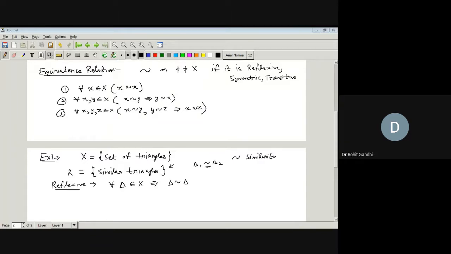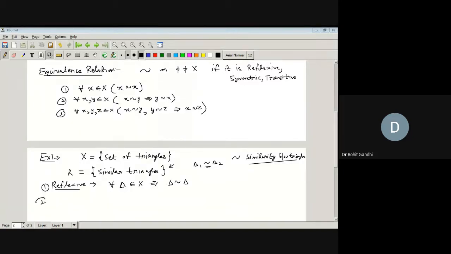Yes, students, is it okay? Please raise your hand so that I will come to know whether you are understanding this or not. Then I will move further. So this relation is reflexive, as Payal said, that if I take any triangle, that is similar to itself, वो अपने आप के साथ तो match कर ही रही है, right?